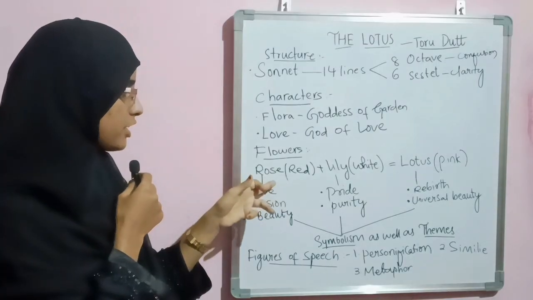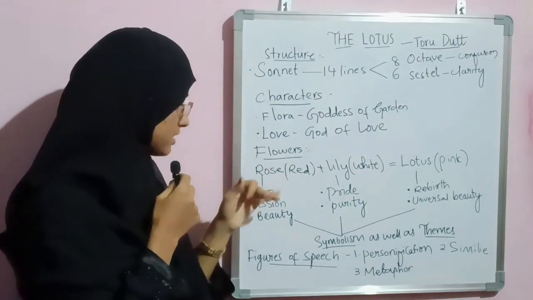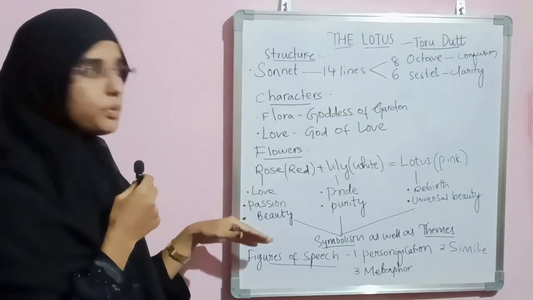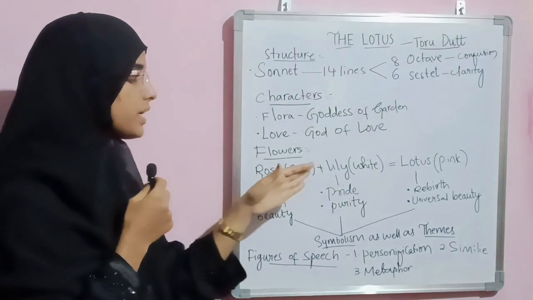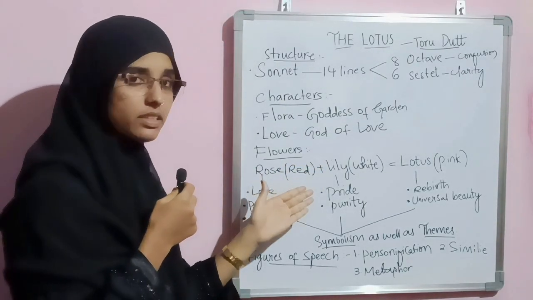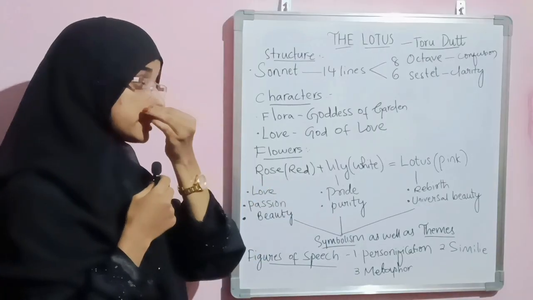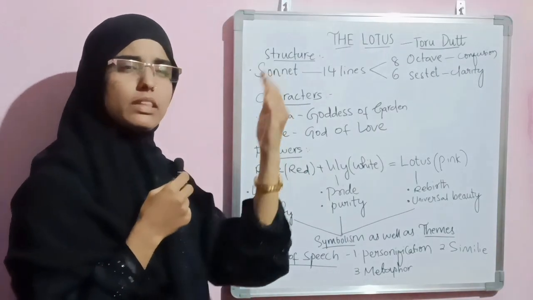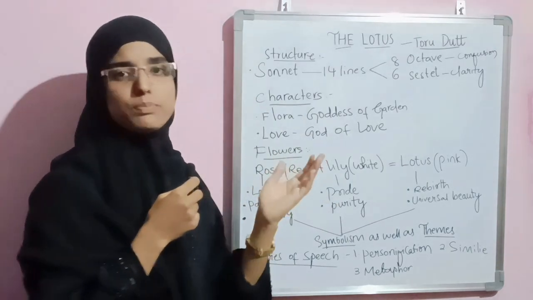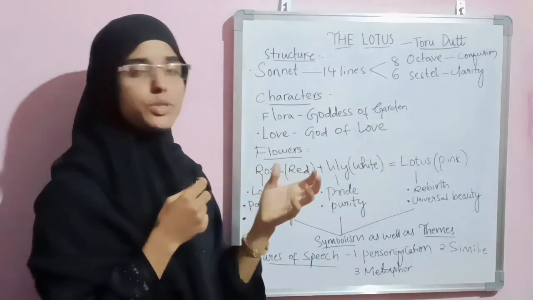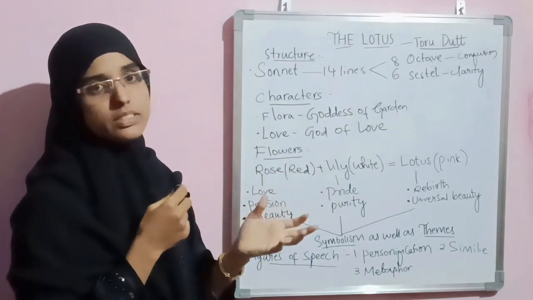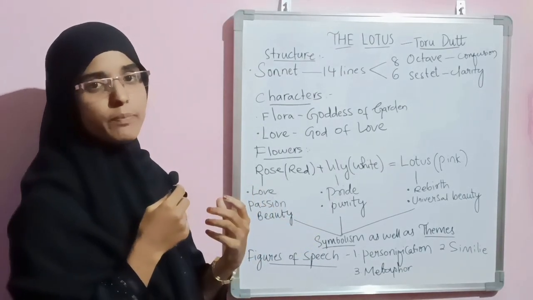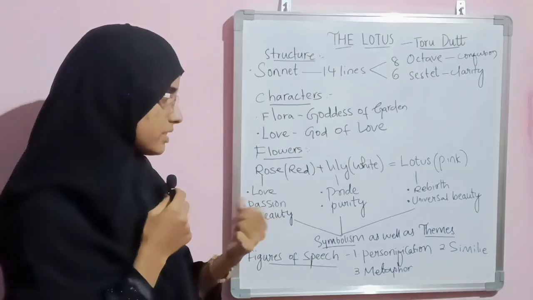She says the red rose defines love, passion, and beauty, whereas the lily represents pride, purity, and spirituality. And she says, for many years, poets have always used these two flowers as symbolism to express their emotions in their writings.